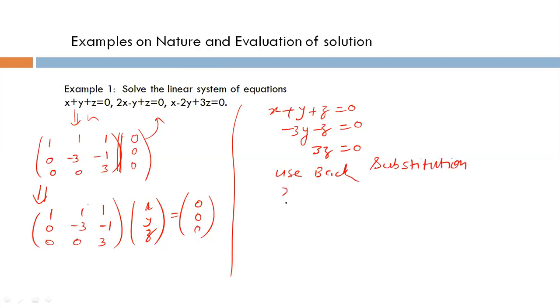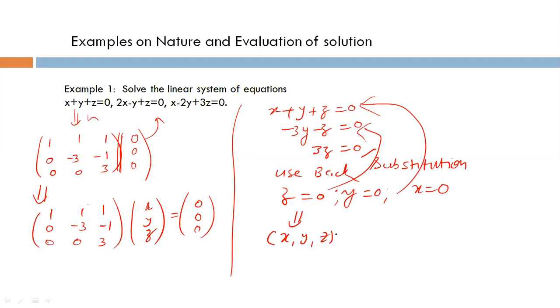We will get z equal to 0, and if z equal to 0, y will be 0, and if y and z both are 0, then x equal to 0. Hence, the solution of this linear system of equation is 0, 0, 0. This is also called zero solution. And this was our trivial solution.